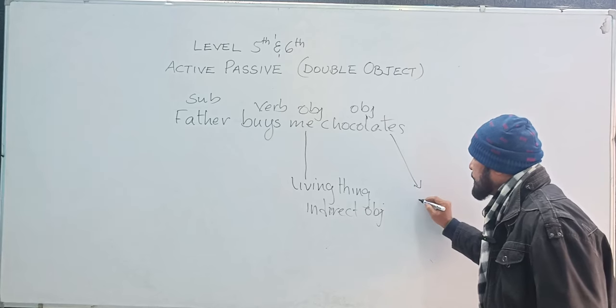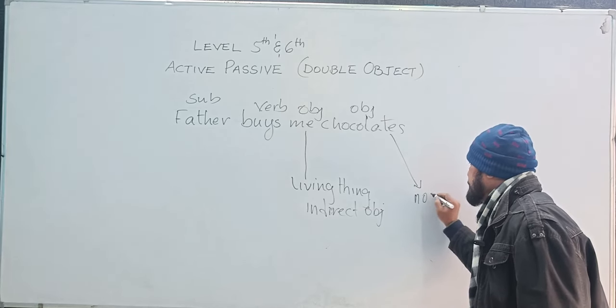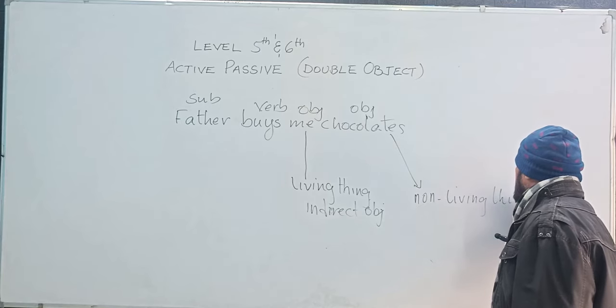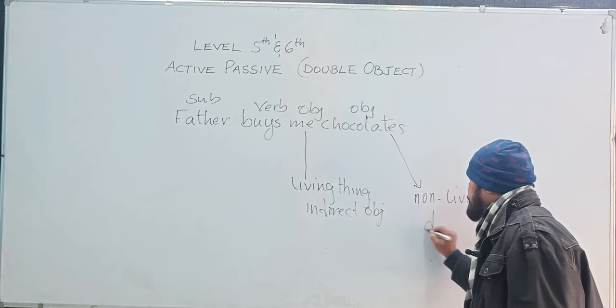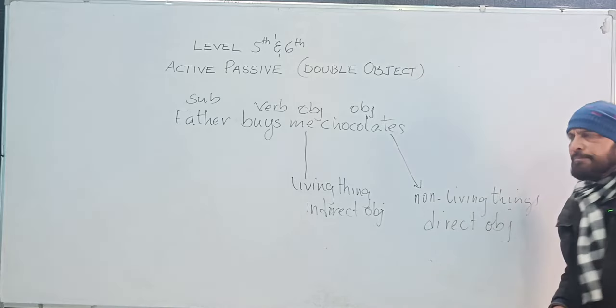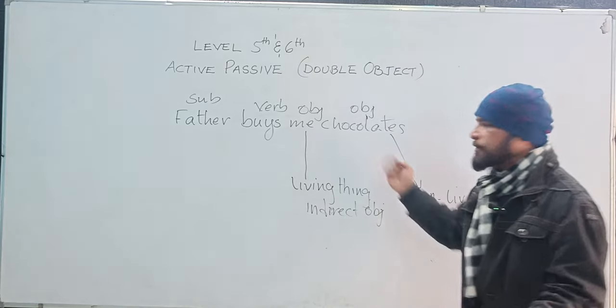And the non-living things is the direct object. I'll write this also in short. So now we see: father buys me chocolates.